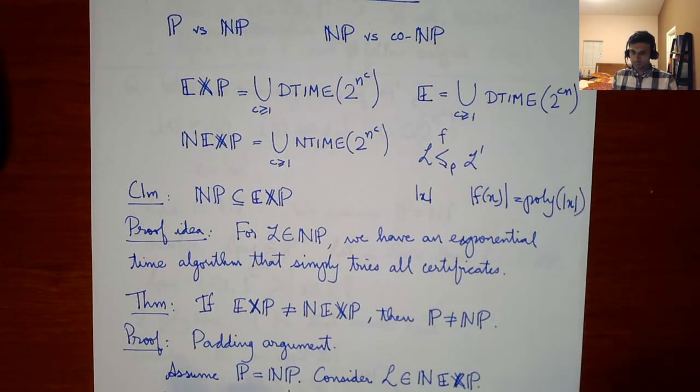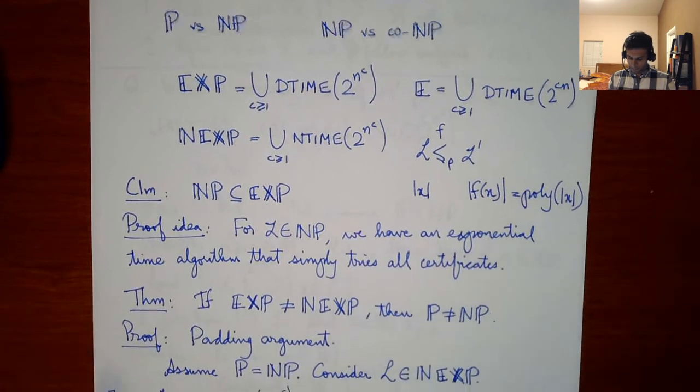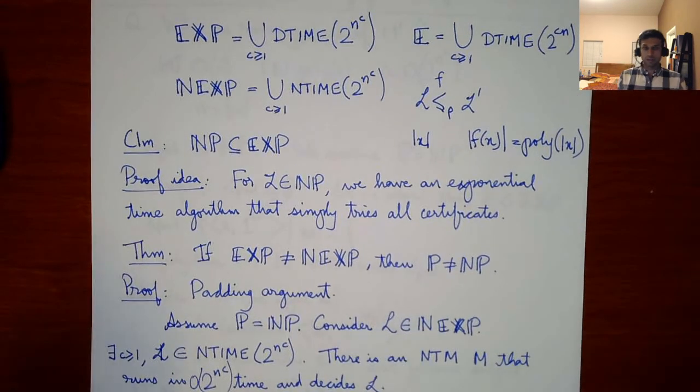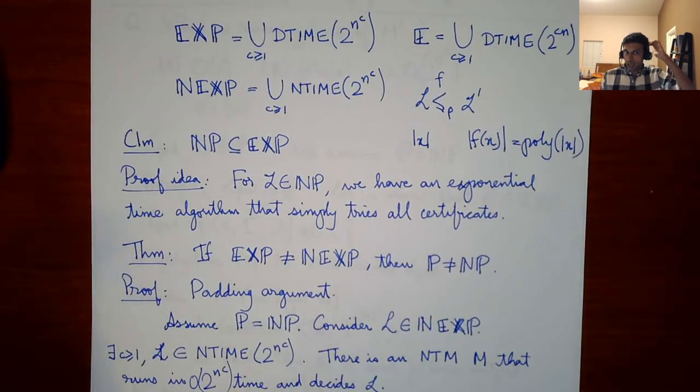Another question from the theorem: is the converse true, or is the proof false? The converse, that's a good question. That if P is not equal to NP, then is EXP not equal to NEXP? I don't think it's going to be false, if anything, because the belief is that all of these classes are different. So the belief would be it's true.